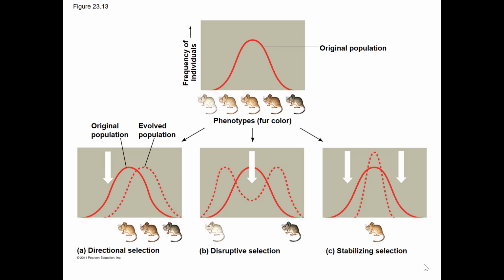So there are 2 reasons how you can maintain discrete variation even when it impacts fitness. If it doesn't impact fitness, it doesn't matter, so you would expect to have that variation maintained. But if it impacts fitness, you can maintain variation for 2 reasons. One is what's called heterozygous advantage.